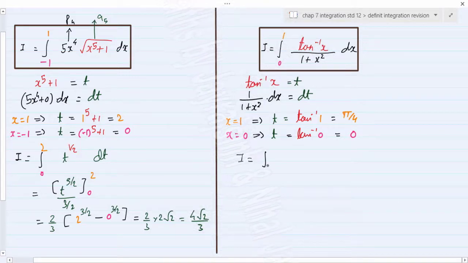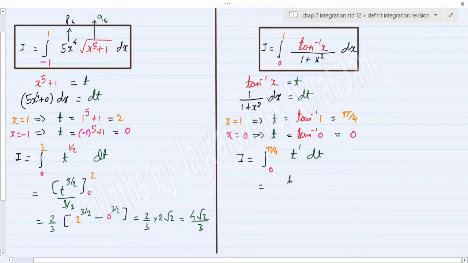Our integration will be from 0 to pi by 4. Instead of tan inverse x, we have to put t, and dx upon 1 plus x square will become your dt. So simply we have to integrate t raised to 1, which is t square by 2, and our limits are from 0 to pi by 4.